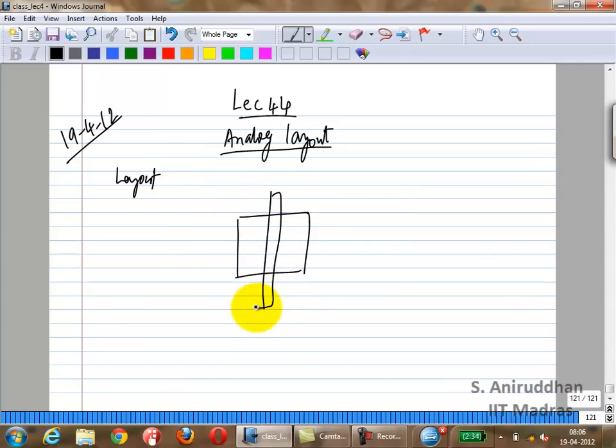So we'll go back to the top view we've always seen. What you'll have to do is give a connection for the gate. Let us say this is the drain and this is the source. The connection of the IC to the external world is through metal lines.